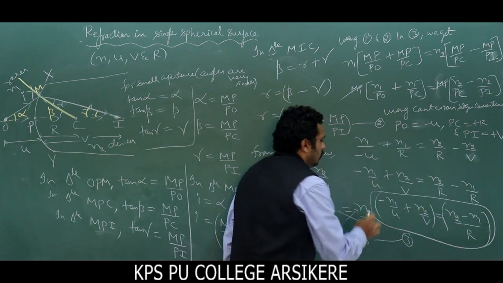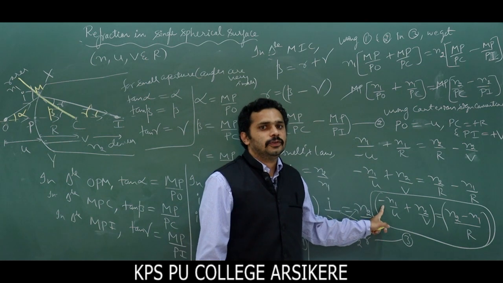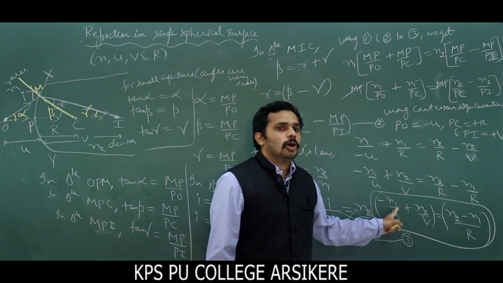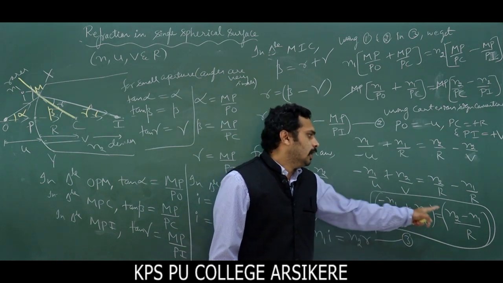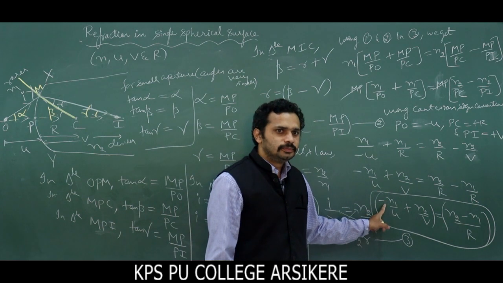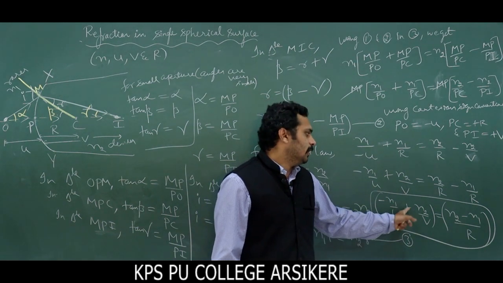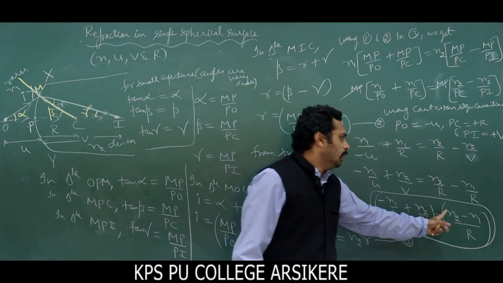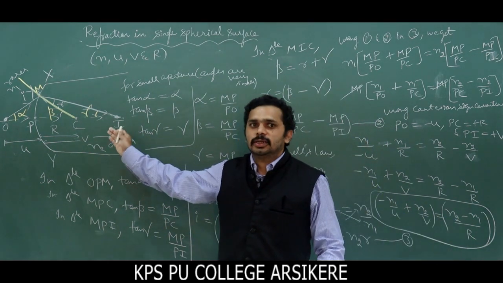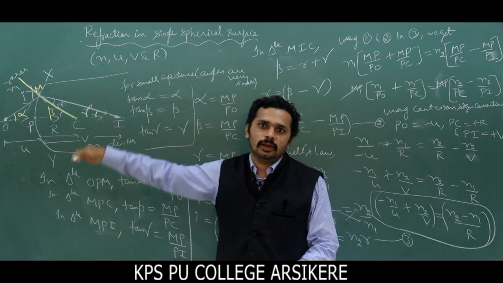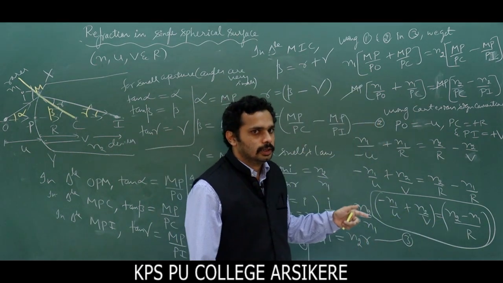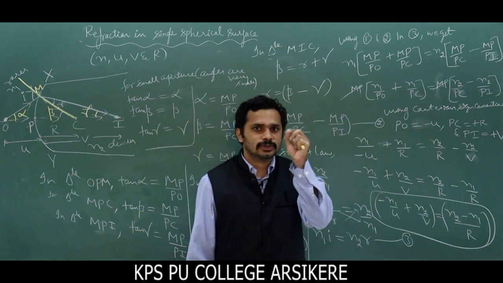This is the very important relation between n, u and v: refractive indices, object distance, image distance and radius of curvature for a single spherical surface. The formula is minus N1 by u plus N2 by v is equal to N2 minus N1 by R. The difference in the refractive indices, because denser is higher refractive index, rarer is lower refractive index. You have to remember the formula in sentence form.